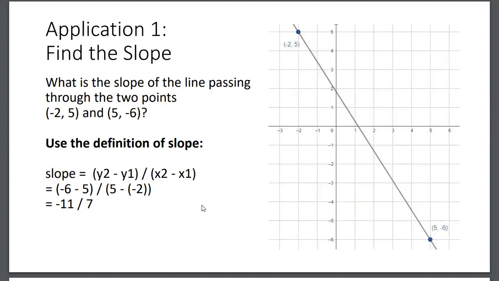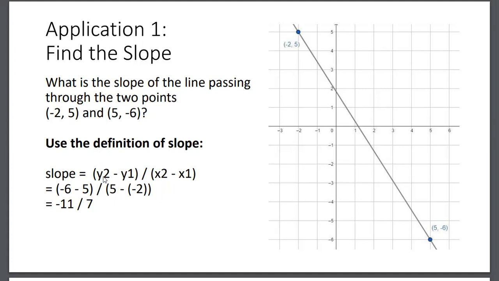Application 1, find the slope. What is the slope of the line passing through the 2 points, -2, 5, and 5, -6, shown here in this picture? Use the definition of slope. To solve the problem, your first step, use the definition.